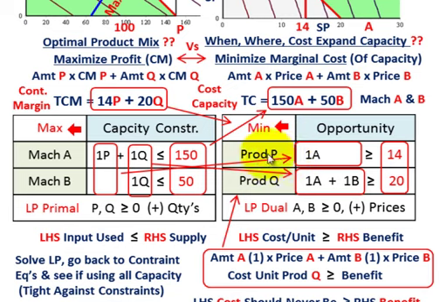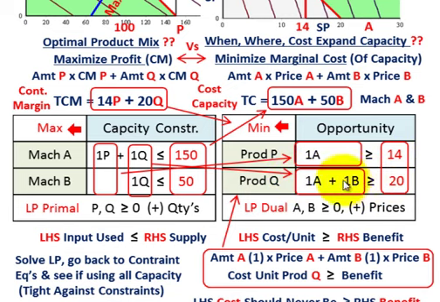And then for our other column, Q for machines A and B, you're just going to take this column and convert it into a row, 1A plus 1B. So 1Q becomes 1A plus 1B for product Q, and again that's going to be greater than or equal to 20.